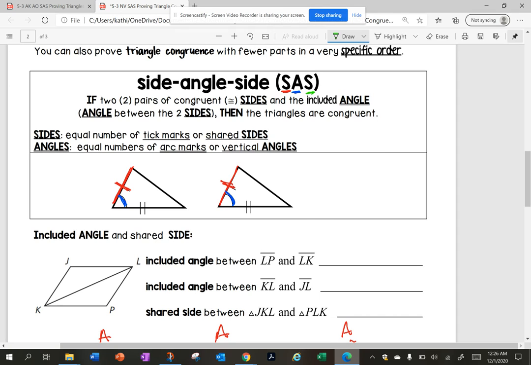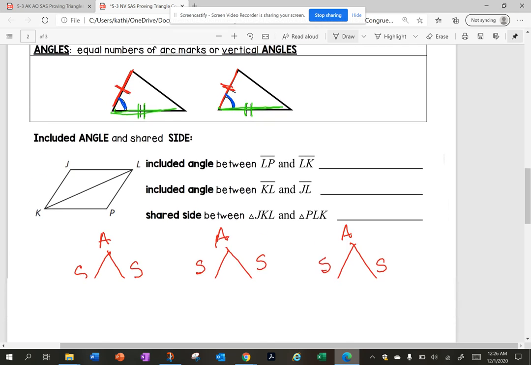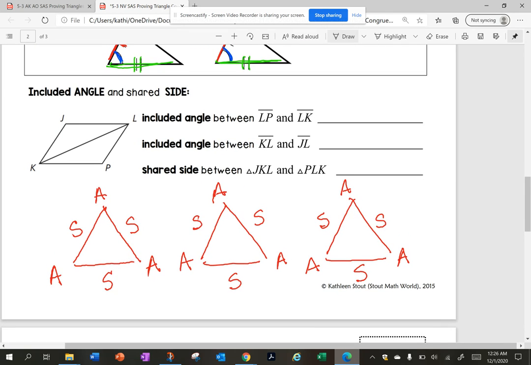And here is my second side. So the angle has to be in between the 2 sides. All right, let's make sure we understand what an included angle and shared sides mean.